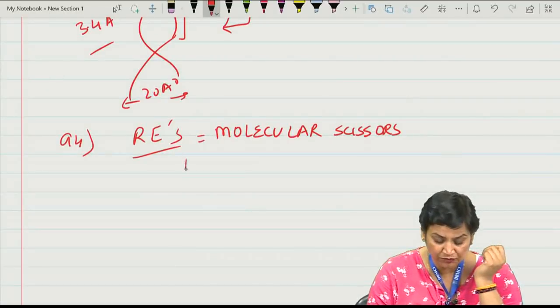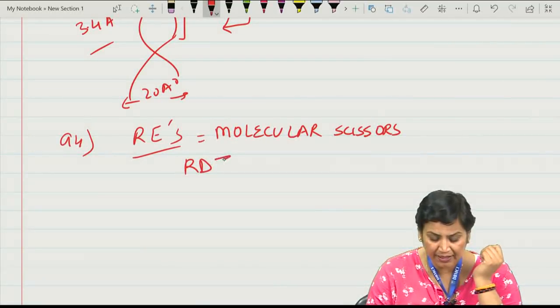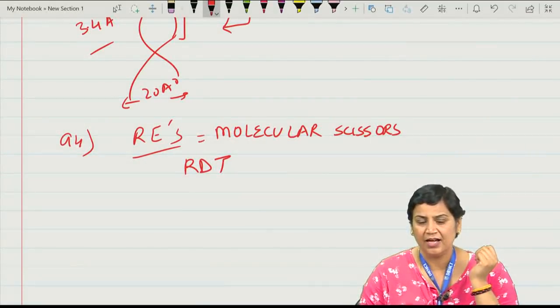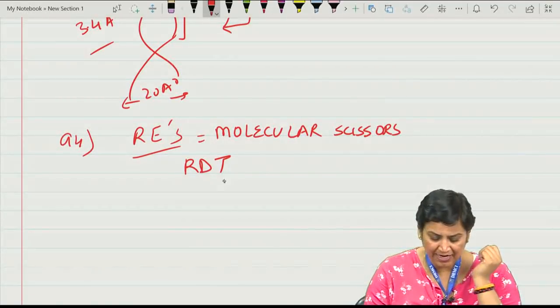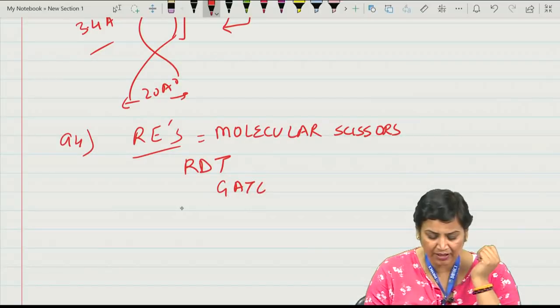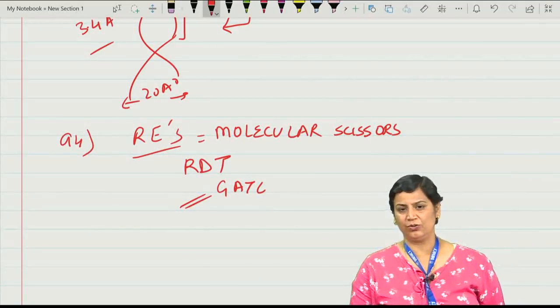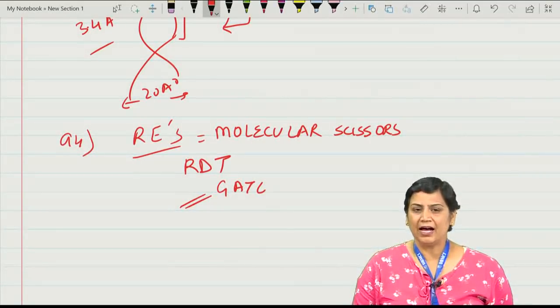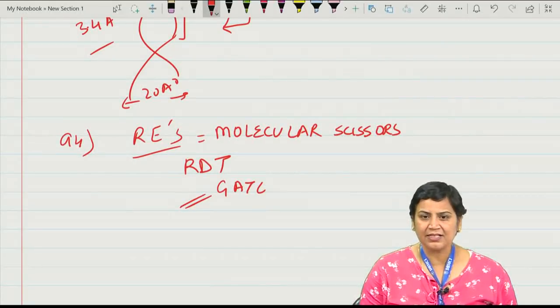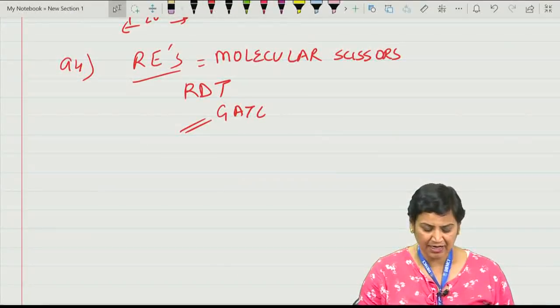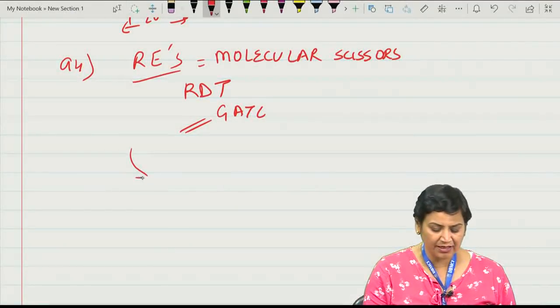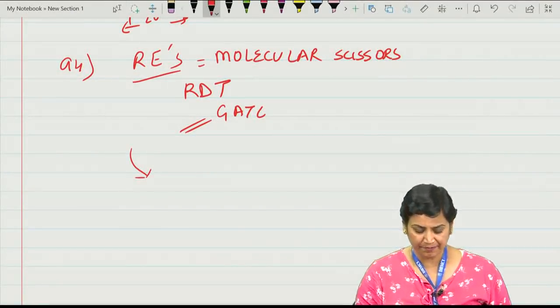These are the molecular tools for recombinant DNA technology or RDT, and they are highly specific in action. If it has to cut at GATC, it is going to cut at GATC only. And when RE cuts, this is the principle involved behind RDT, recombinant DNA technology. What we do is, we isolate the DNA or gene of our interest.